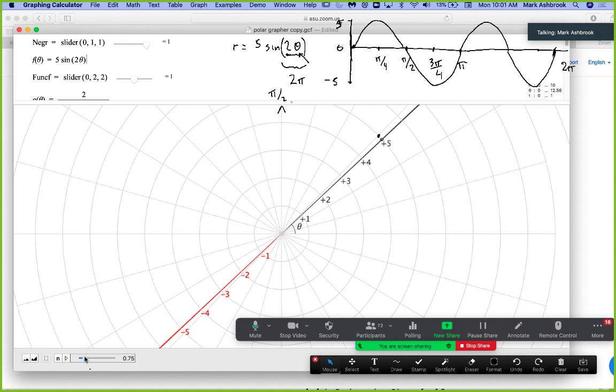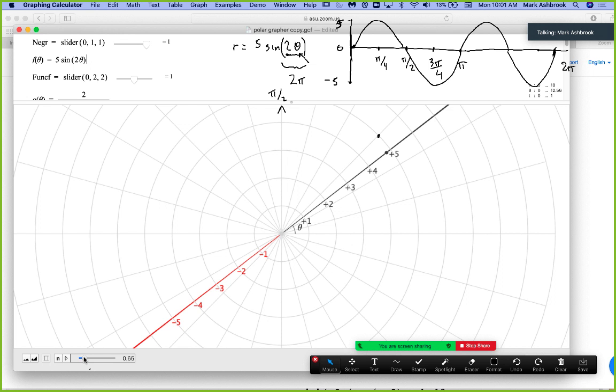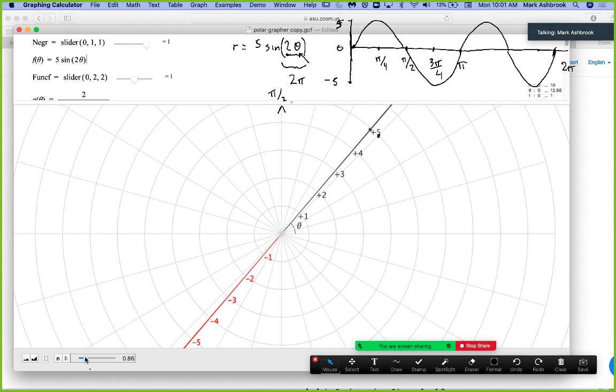So it's going to head back slowly at first, and then rapidly back to 0. So that's going to make like a petal, right? Let's see it.